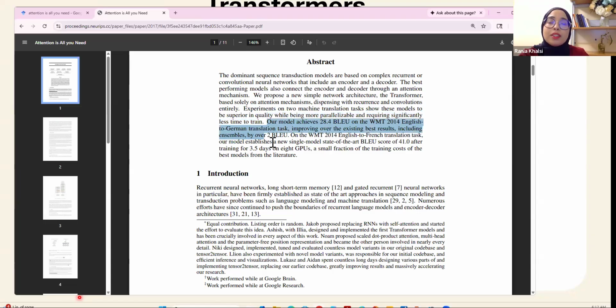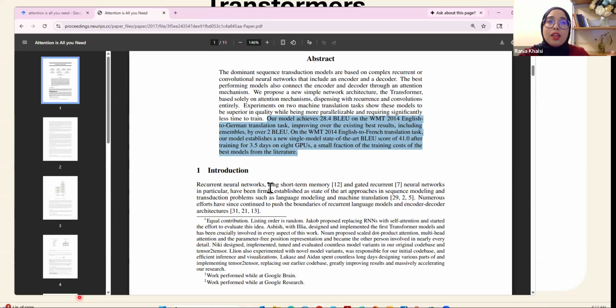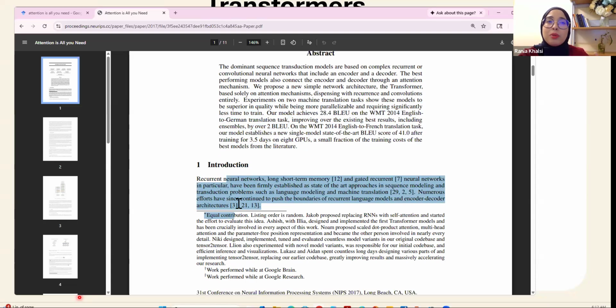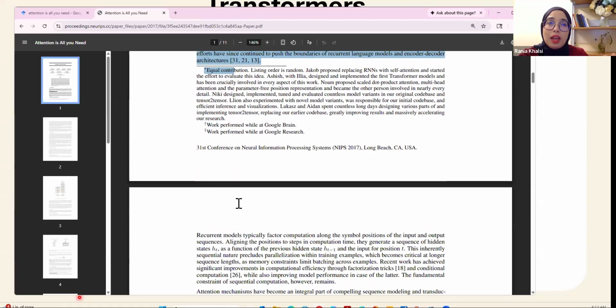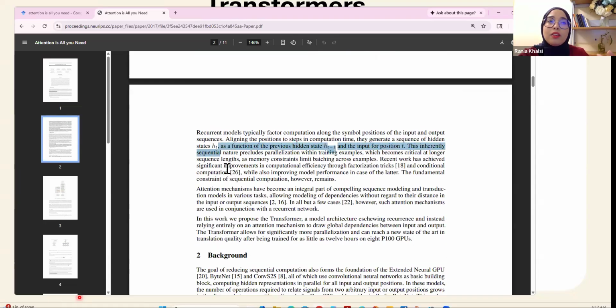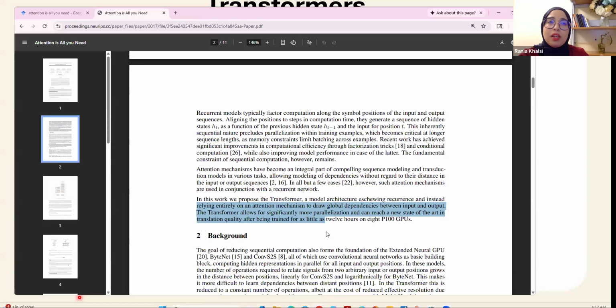So what are the results and the achievements of this model? These are the main points discussed in the abstract. Next, you go through the introduction, which I recommend because it will help you understand the context. Understanding the context can lead you to the main contributions of this paper, and you will understand this as well, okay?